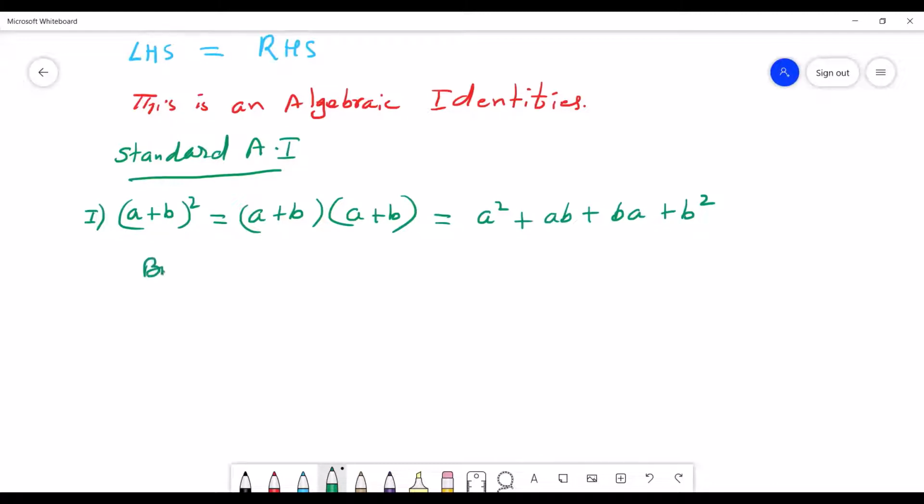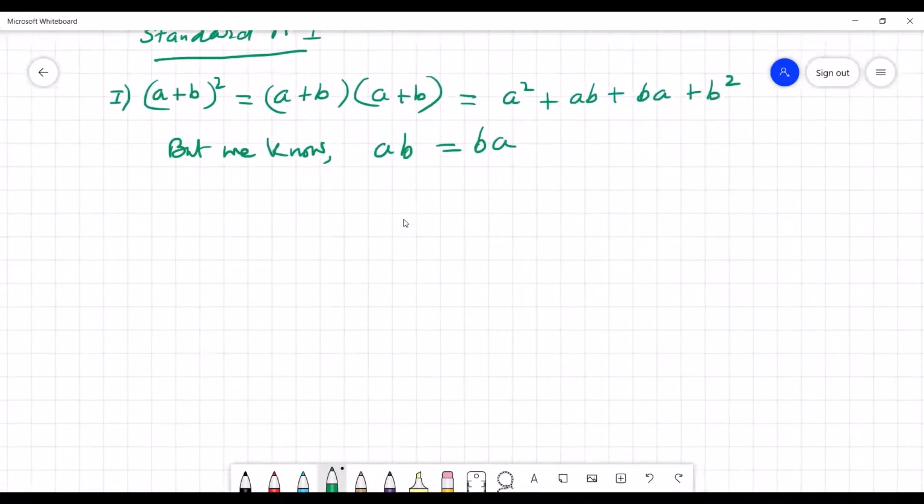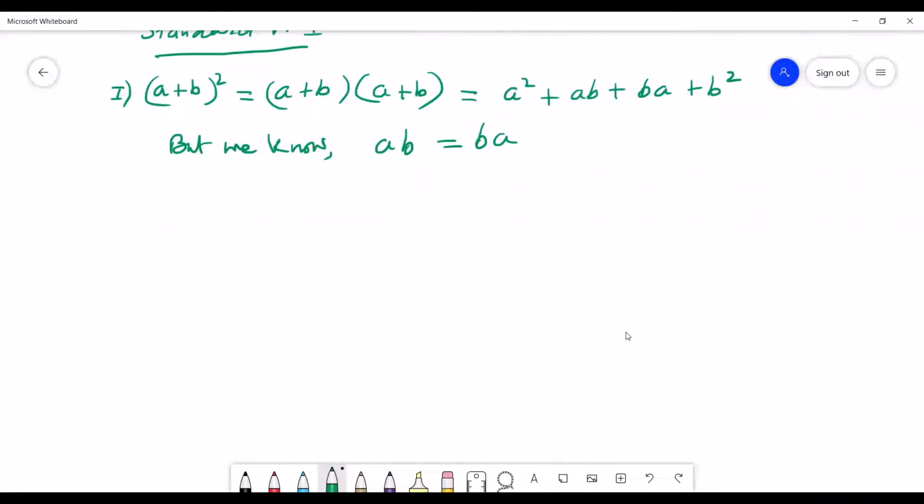But we know that ab is equal to ba. If you are multiplying a with b or b with a, we are going to get the same value.